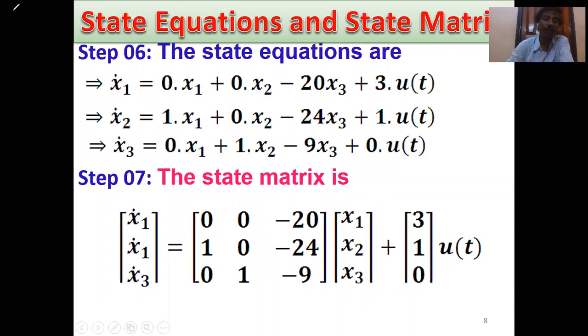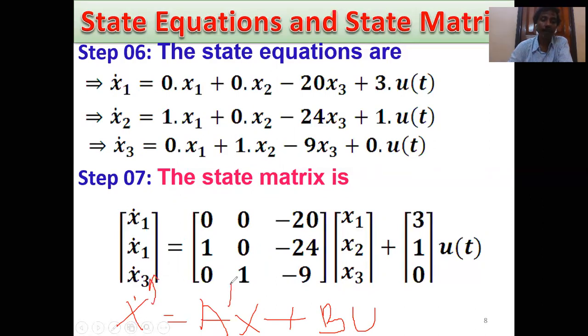This is the state matrix, and this is equivalent to x dot equals Ax plus Bu, where x dot equals this matrix, A equals this matrix, x equals this matrix, B equals this matrix, and u equals u of t. So x dot equals Ax plus Bu.